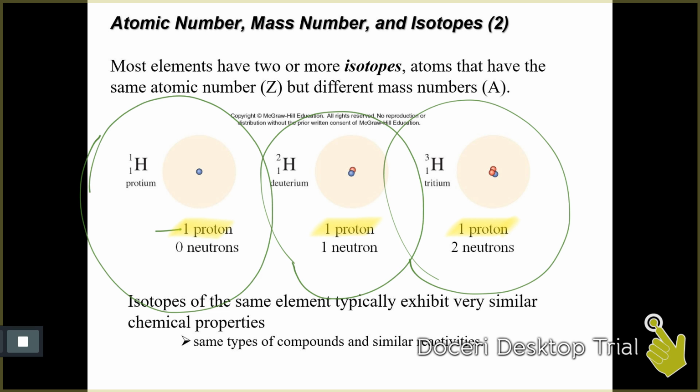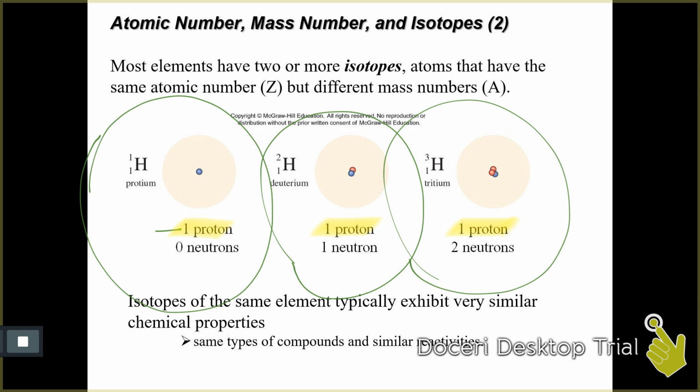Most of the elements in the periodic table have isotopes. The number of neutrons in the nucleus is a little different, but we list only the most abundant one. In nature, if you take 100 grams of hydrogen, you have all these 3 isotopes, but in the periodic table we mostly list the most common isotope.